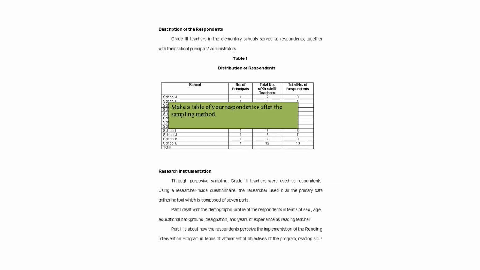For the description of the respondents, after your sampling method, after knowing your population and sample size, you have the description of the respondents. For example, here, grade 3 teachers in the elementary school serve as respondents together with their school principal and administrator. So make a table of your respondents after the sampling method.